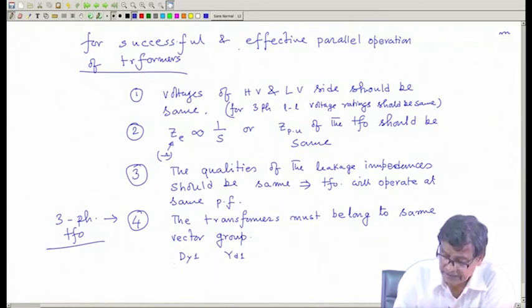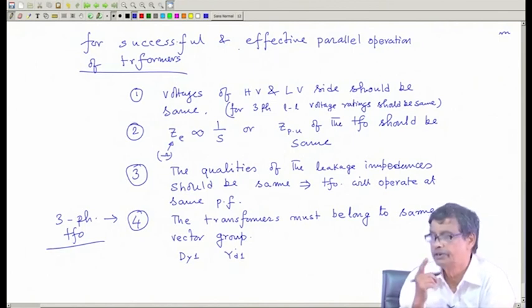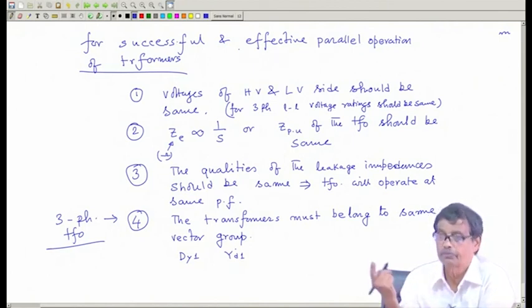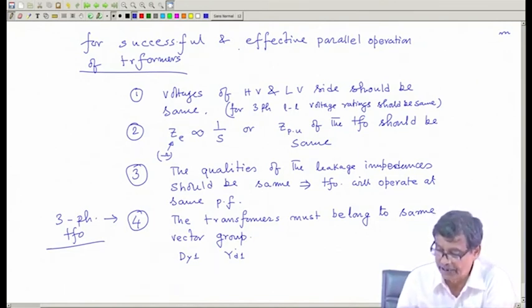So, this is the thing we must add. Of course, dy1 can be paralleled with dy1, no question, but I should not demand that once a transformer is dy1, another transformer should also be dy1. No, it could be yz1 also, it can be paralleled. Clear?